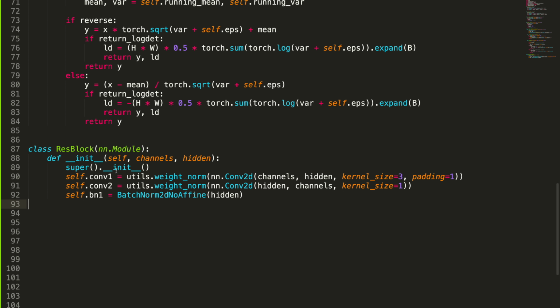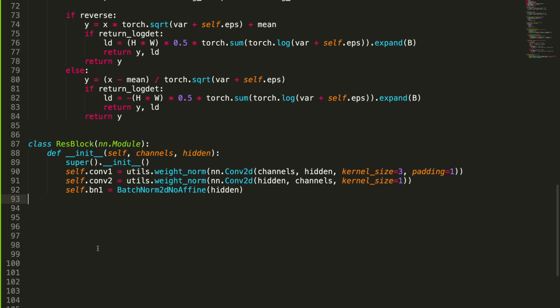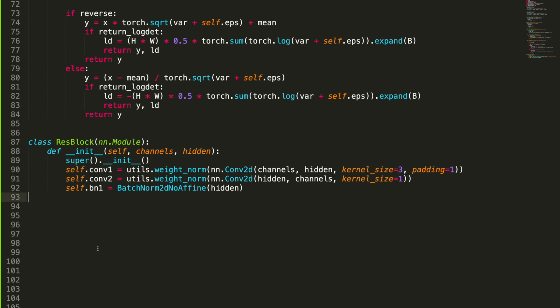Later, when we use a batch normalization between layers in our normalizing flow, between coupling layers, we will need to make sure that we can compute the Jacobian determinant. But here we don't need to do that. Here it's really unconstrained. This batch normalization could be anything. It could also be other normalization layers.